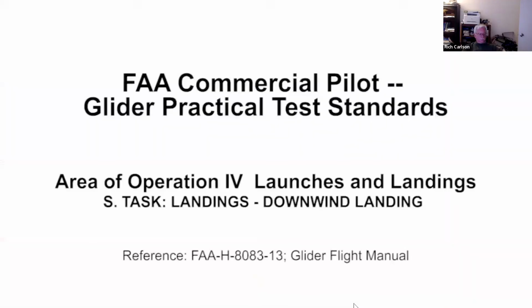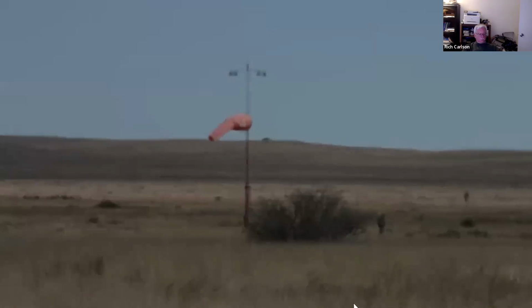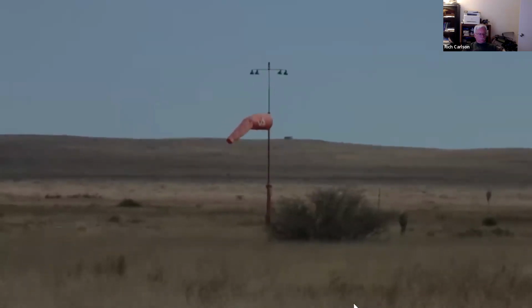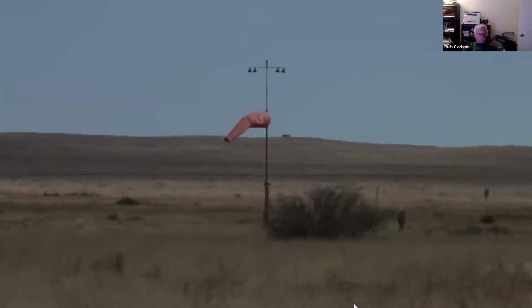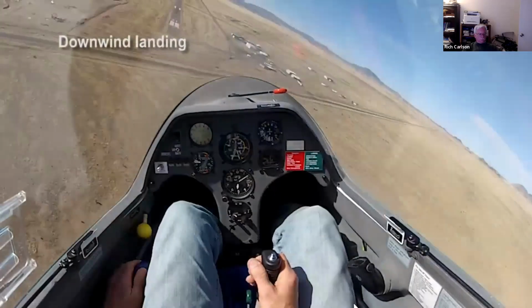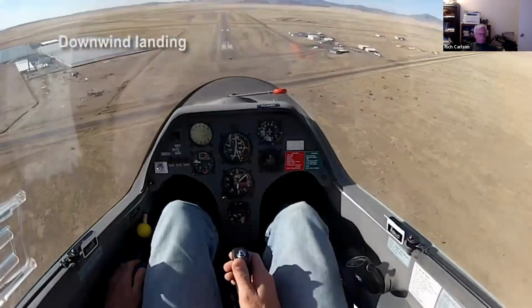Area of Operation 4, Launches and Landings. Item S, the task, Landings, downwind landing. The objective is to determine that the applicant exhibits knowledge of the elements related to downwind landings, including safety-related factors. Adjusts flaps, spoilers, or dive brakes as appropriate.